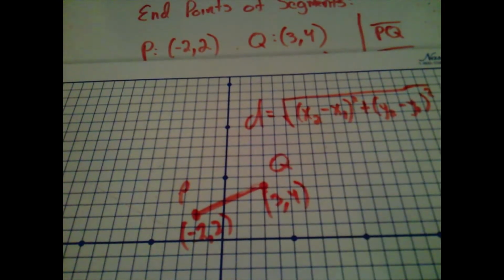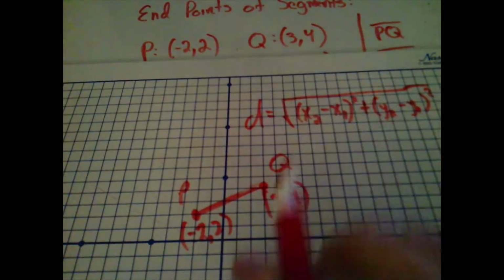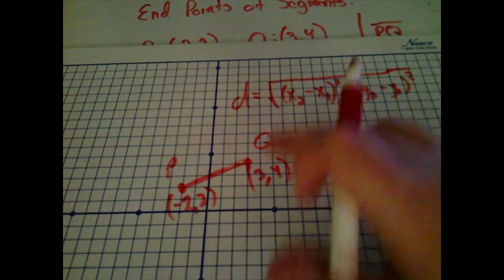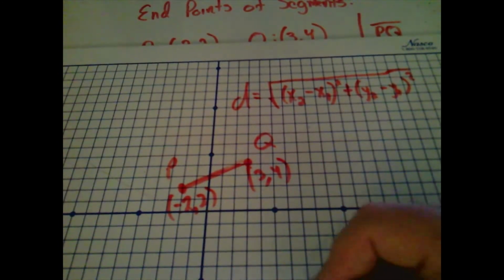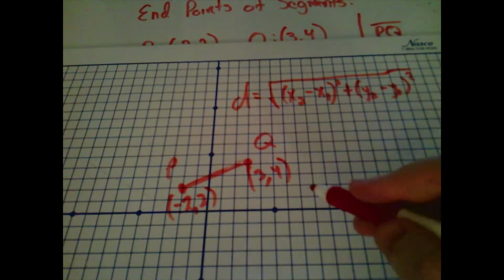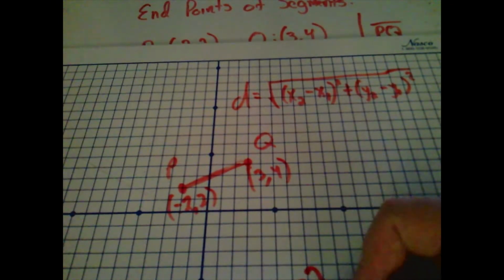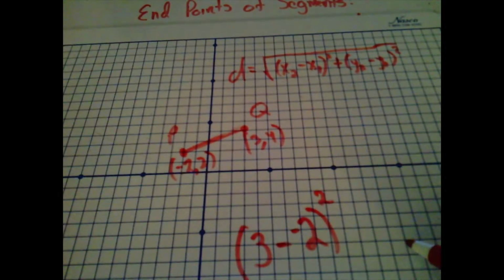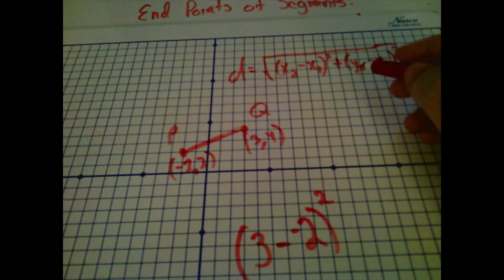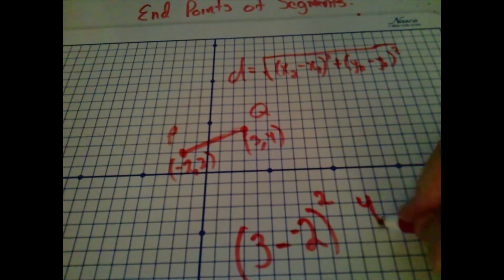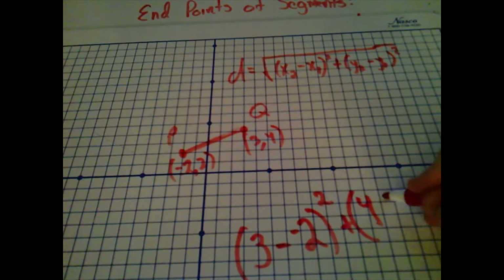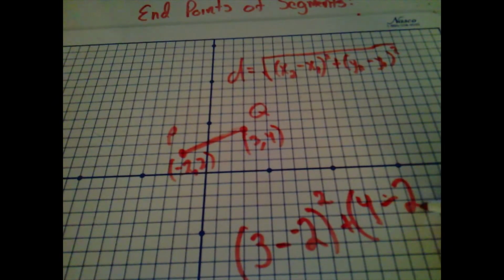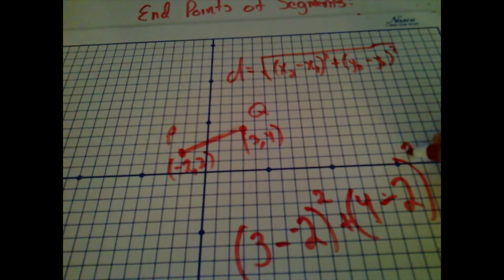Let's plug some of these numbers into our formula. x sub 2, we'll let that be 3, minus x sub 1, that's -2, squared. y sub 2, we'll let that be 4, and y sub 1, we'll let that be 2, squared.